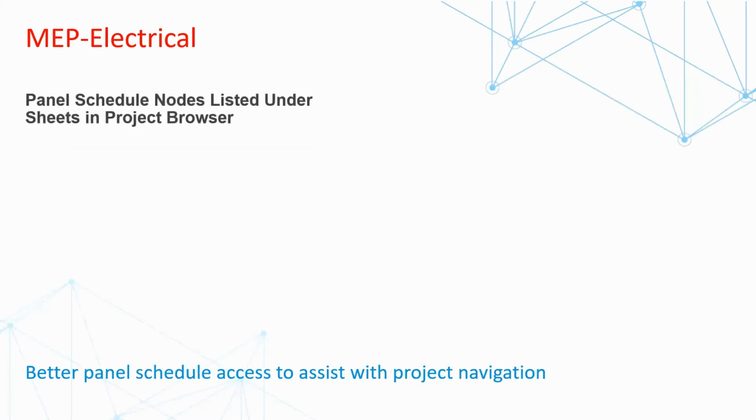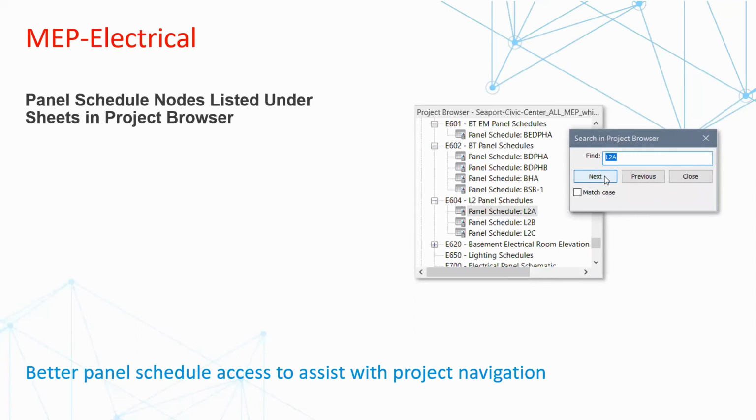A nice nifty little feature also introduced was the panel schedule nodes listed under sheets in Project Browser. Previously, we didn't have the ability to go find specific panel schedules in our templates or our sheets. However, we had to go find this a manual way. So what happens is panel schedules now appear under the sheet that they are listed in the properties.